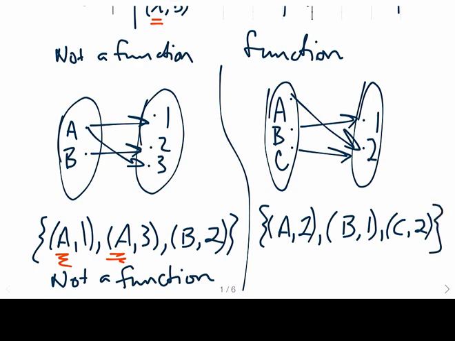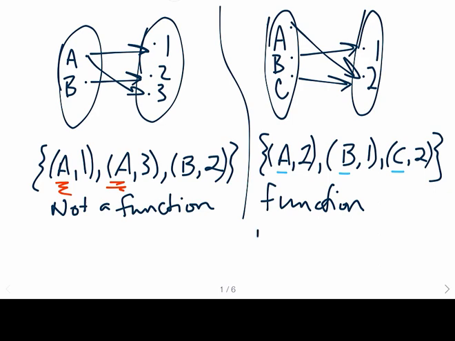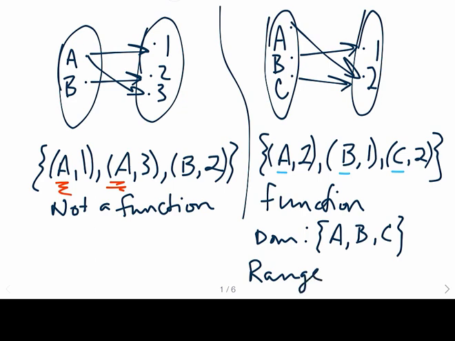It's part of the range. And so all of our domain elements appear only once. And so here we have a function. Now we can write down the domain of this function, which is the set that contains A, B, and C, all the first coordinates, and the range, which contains 1 and 2. Those are all the second coordinates.